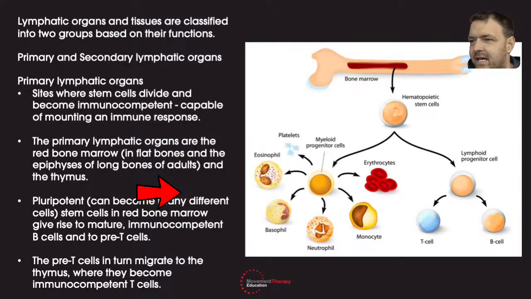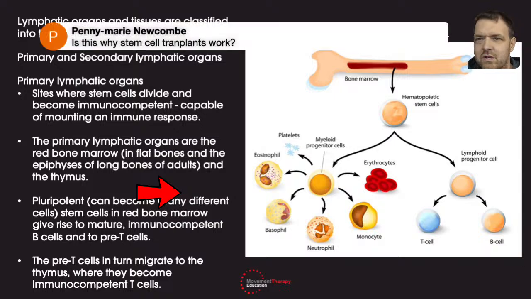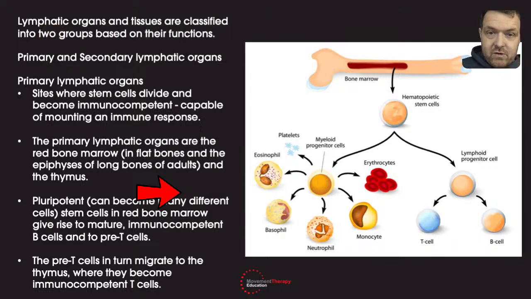Is this why stem cell transplants work? Yeah. There are big movements in stem cell and regenerative medicine in the States. When I was over there a couple of months ago, I went to a presentation where they are extracting stem cells from healthy adults.